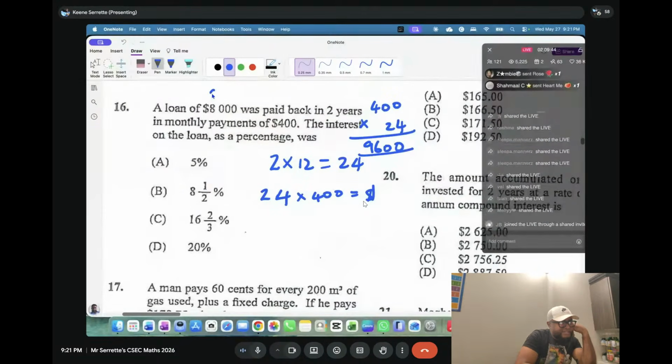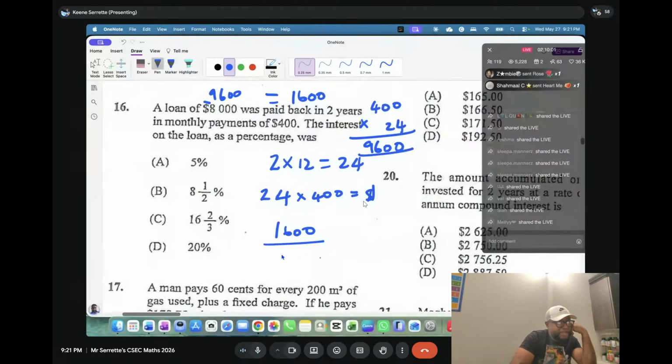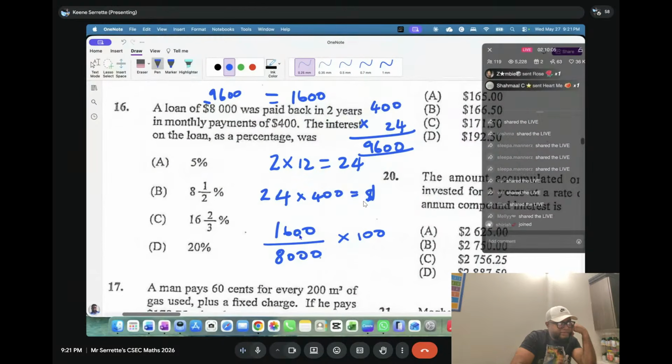So what is your interest? Your interest is 9,600 minus that 8,000. That gives me 1,600. They want the interest on the loan as a percent, so that'll be 1,600 over the initial amount, multiplied by 100. What are we getting here?